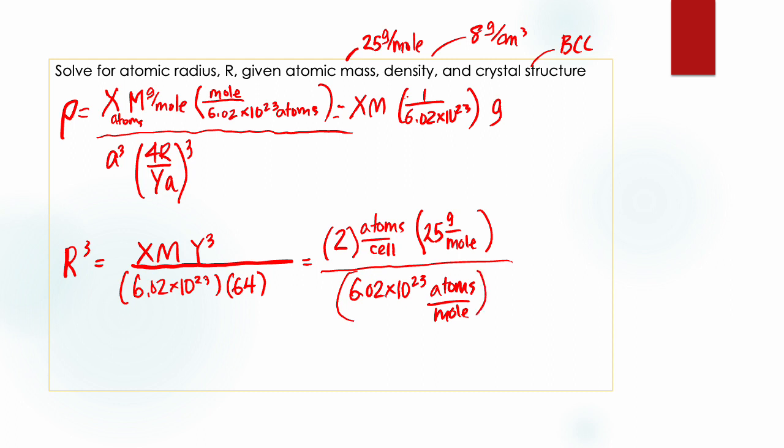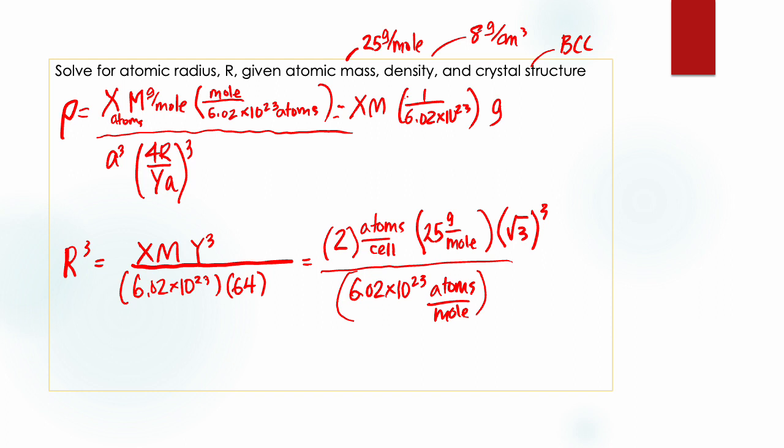And then Y cubed, this is BCC, so this is going to be square root of 3 cubed. Atoms cancel, moles cancel. So I have grams.